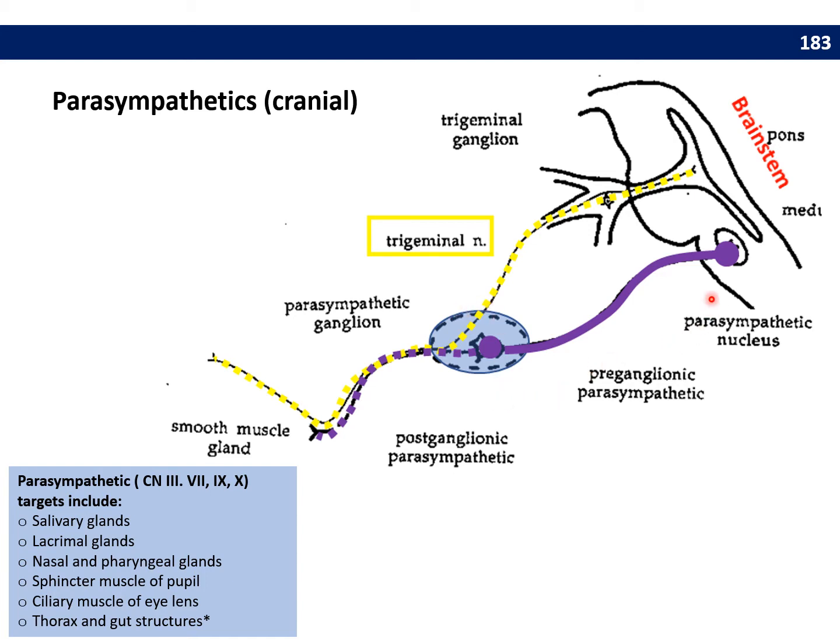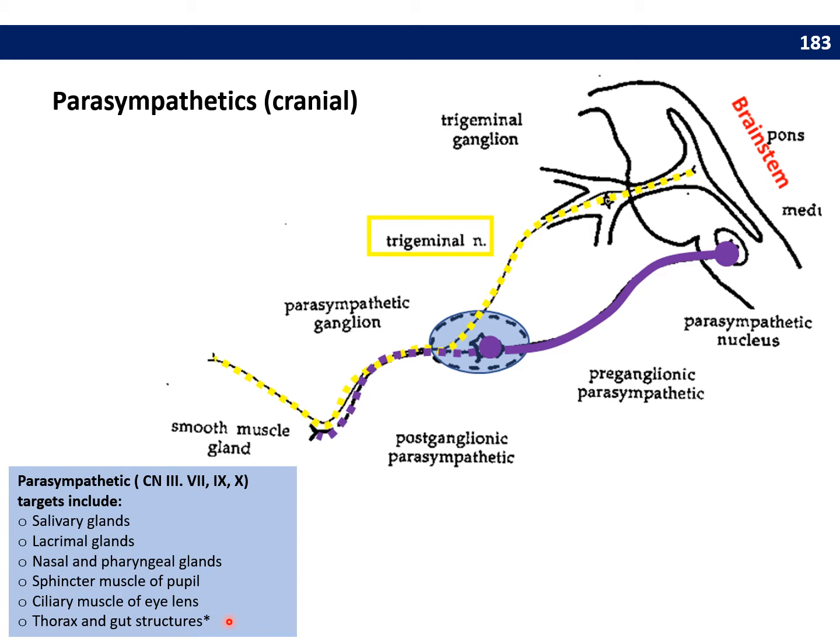By and large, though, those parasympathetics start with cranial nerves 3, 7, 9, and 10, go to one of those 4 parasympathetic ganglia in the head and neck, and then get distributed largely by branches of the trigeminal nerve in order to get to salivary glands, the lacrimal glands, nasal and pharyngeal glands, the sphincter muscle of the pupil, the ciliary muscles of the eye.